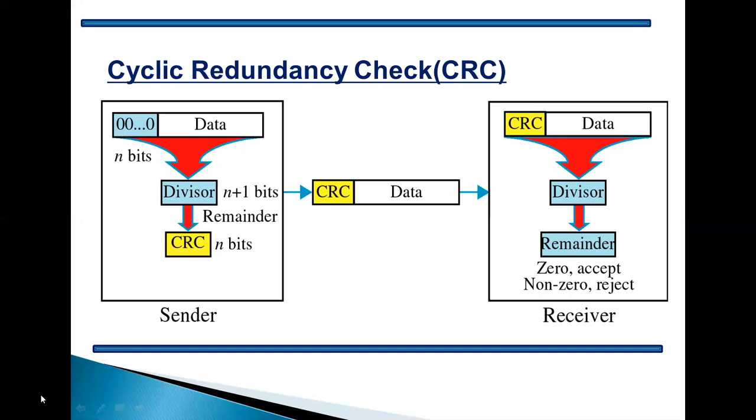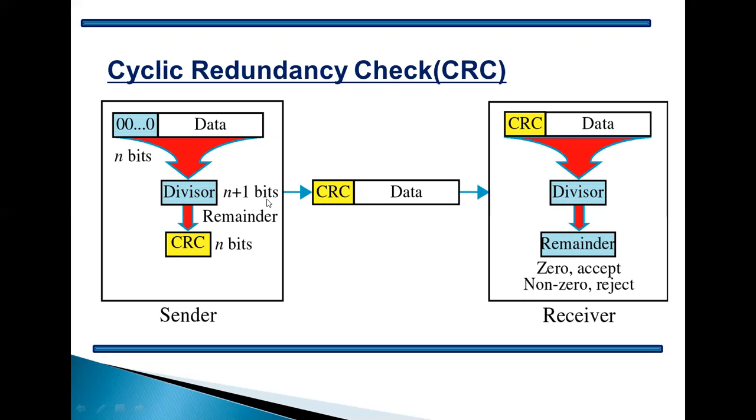Okay, in CRC, the data and CRC value are n bits and the divisor is n plus 1 bits.